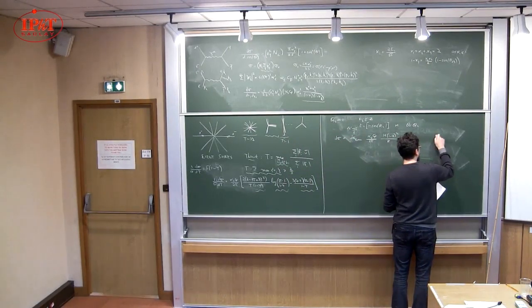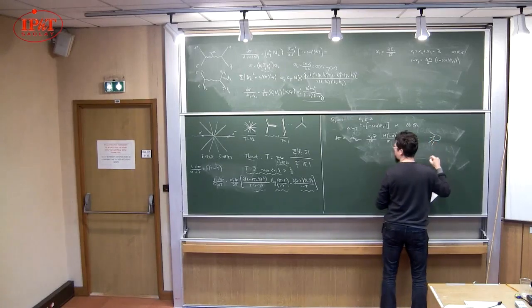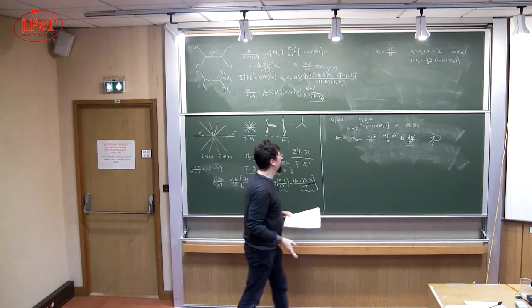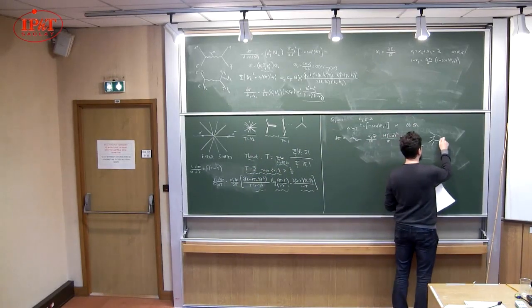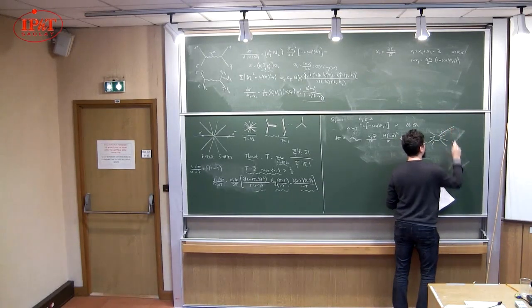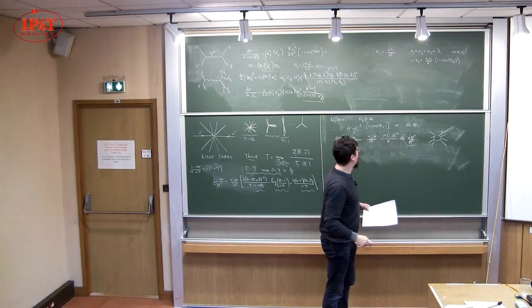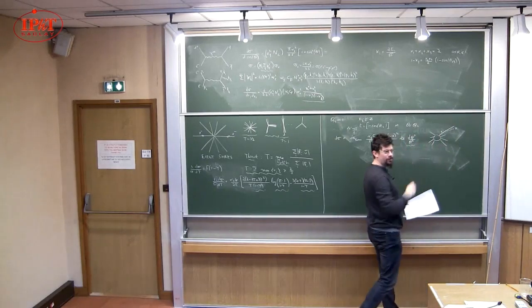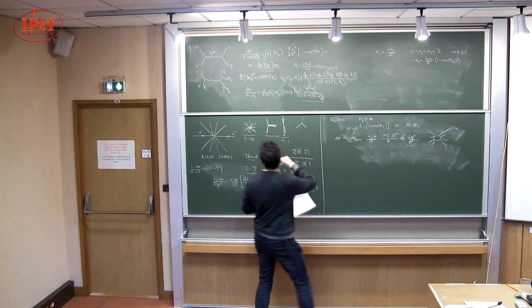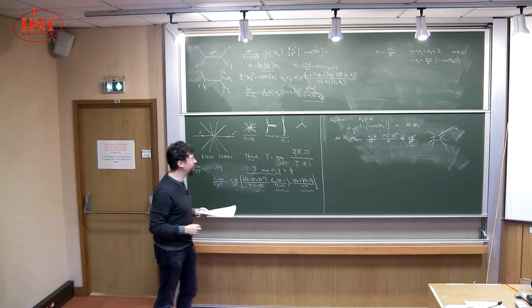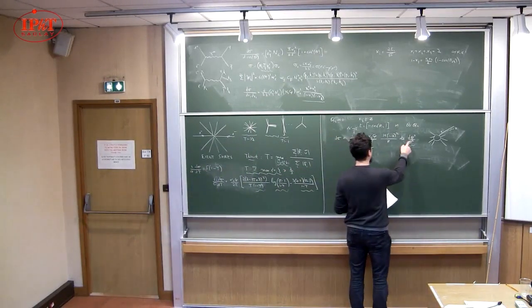I did this as an explicit example for e+ e- going to q q-bar, but this is more generic in the sense that if you have any form of an amplitude where you have a quark here, and you want to study the limit where you emit a collinear gluon off this quark, this collinear gluon can carry a fraction z of the initial quark's momentum. So think about it in this context. You start with 1 and you go into 1 minus z for the quark and z for the gluon.